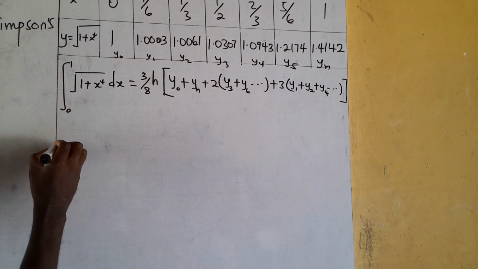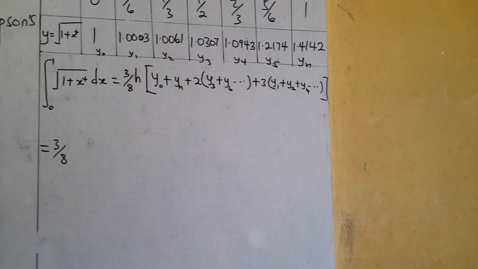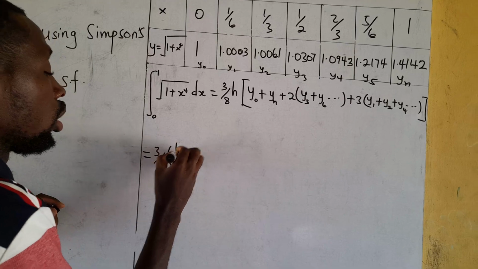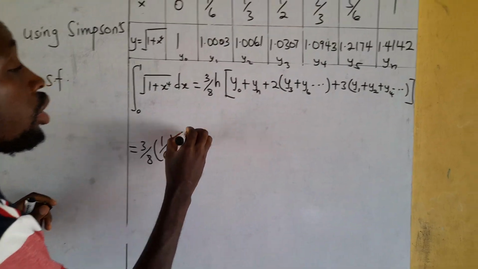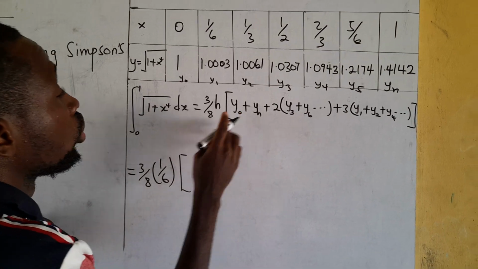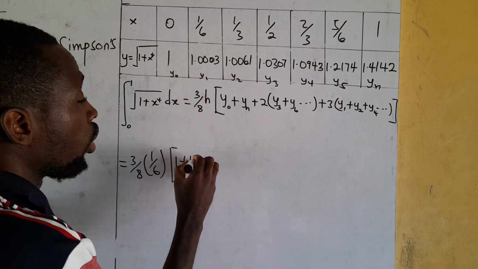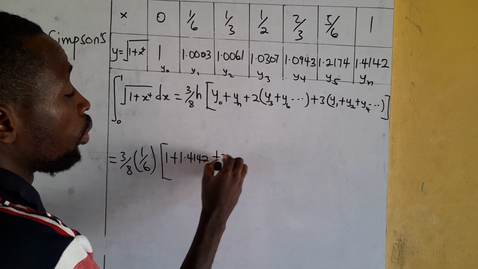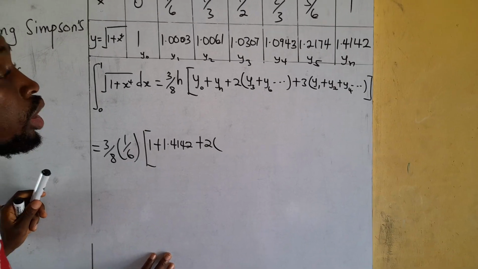Then we can say this will be equal to 3 over 8. Remember, our h is 1/6. So that was the interval of difference, 1/6. Then times our y0 is 1 plus our yn, which is 1.4142. Then plus 2 times the values of y that are in multiples of 3 positions.